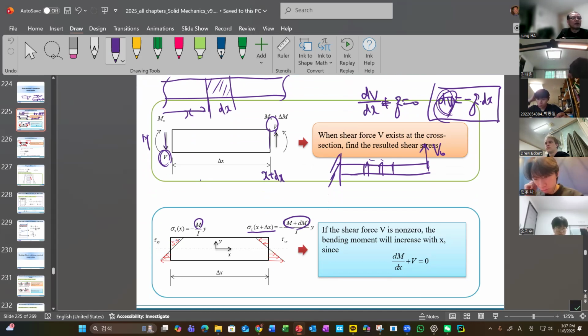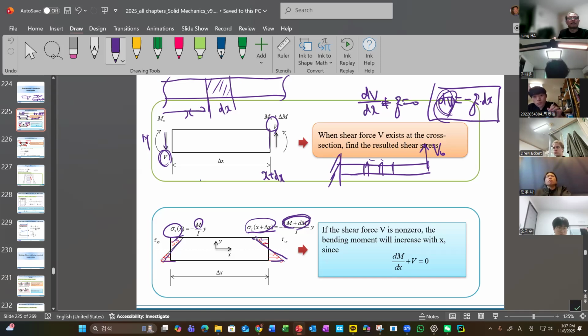So on the left-hand side and right-hand side, there is a little bit of difference in this distribution. Now on the right-hand side, at x plus dx, we have an increment of moment. As you can see, it's not quite clear, but we have more tensile stress than this one. Okay, this is the case.